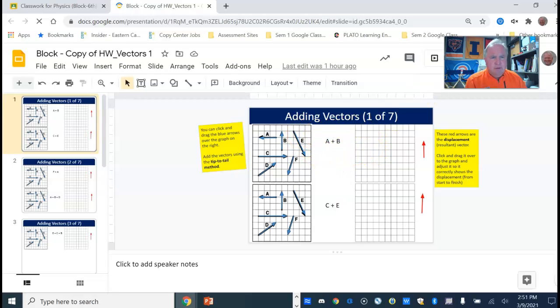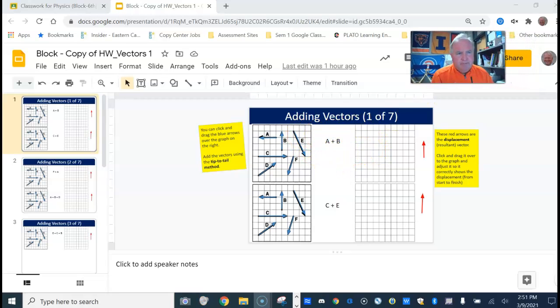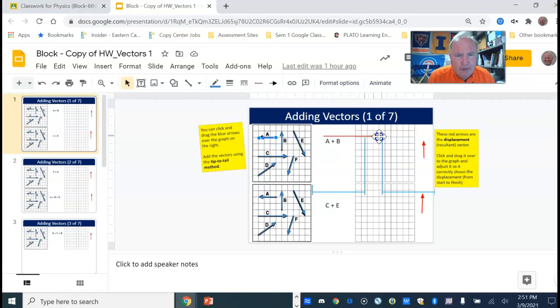The way that we do these problems is we grab the blue arrow that's on top of the black arrow. So A plus B, we would drag this blue arrow over here. All right, and I can't really see that very well, but I hope that that's kind of on the right path there. And then we'd add B to it. So I'm going to drag A down a little bit and add B to that one.